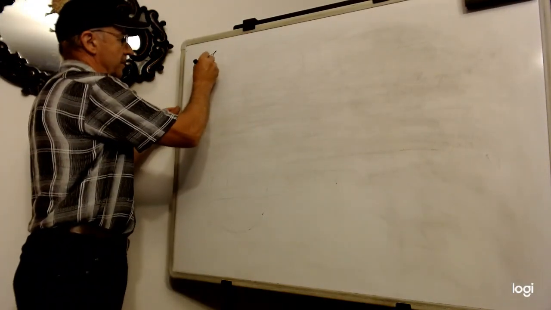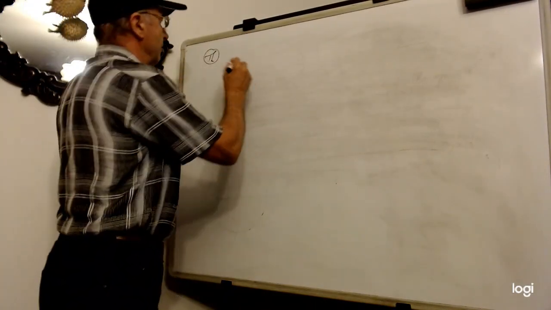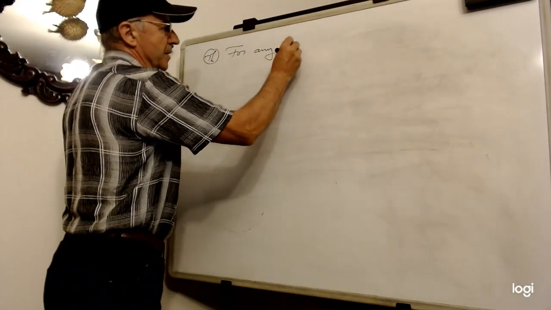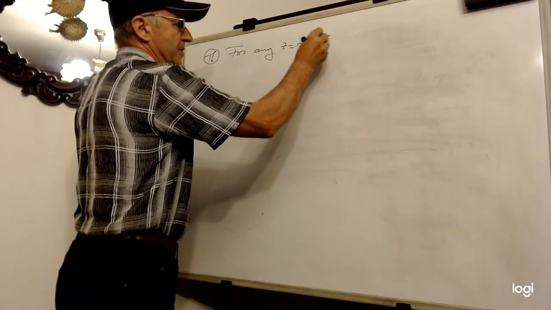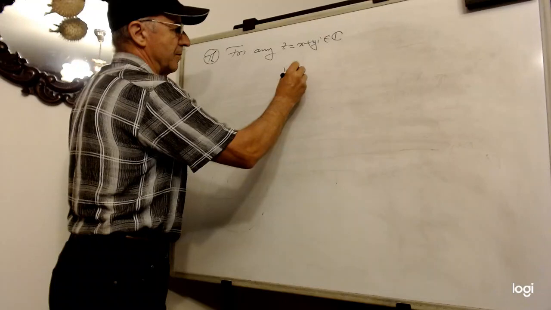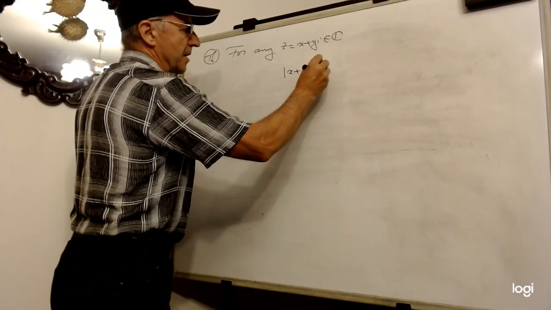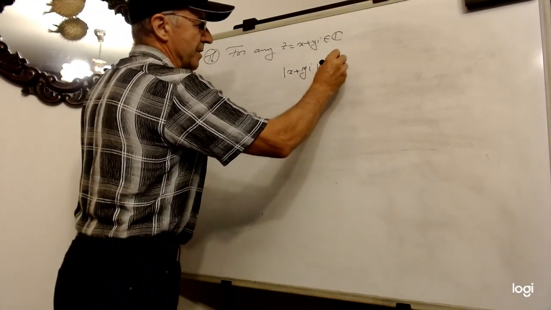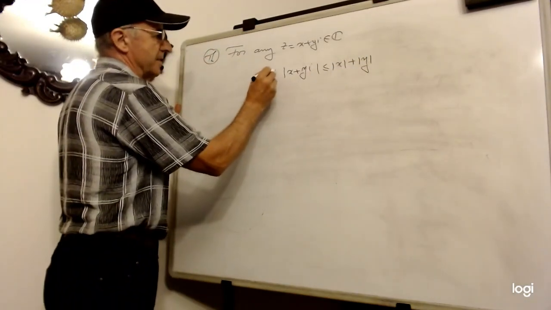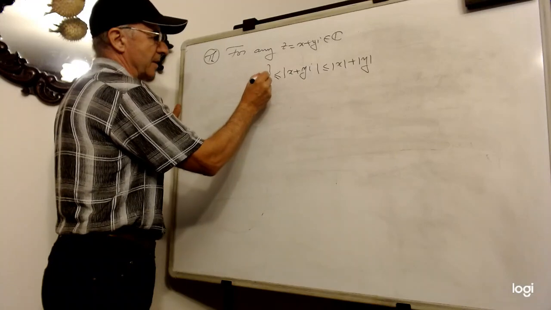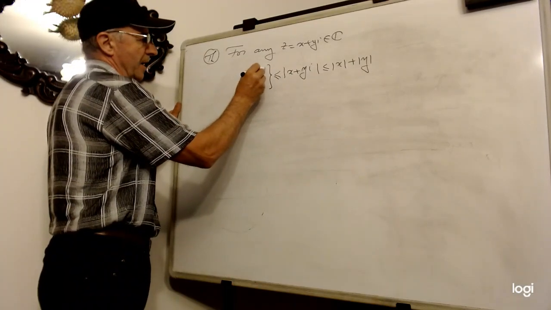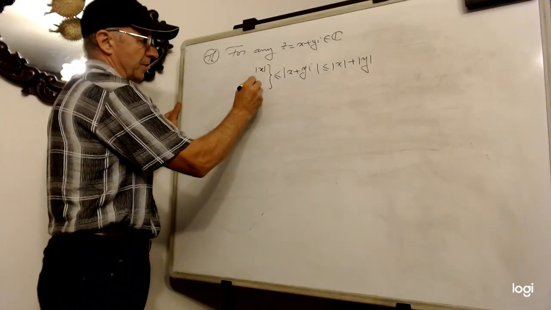Let us state a theorem: for any z equals x plus y i from C, we have the modulus of x plus y i is less than or equal to the modulus of x plus the modulus of y, and at the same time greater than or equal to the modulus of x as well as the modulus of y.